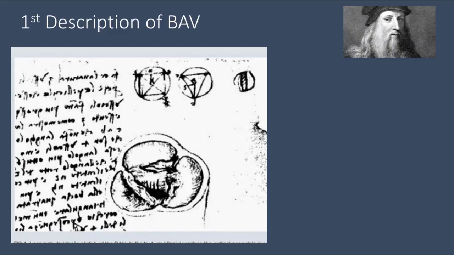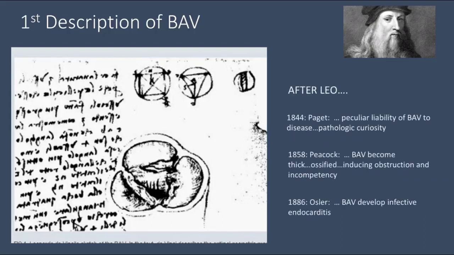And so it seems like we're just now beginning to really understand what Leonardo already kind of appreciated over 500 years ago. So there was this long lull after Da Vinci's first description of the bicuspid aortic valve. There wasn't much talk about BAV until about 300 years later, when in 1844, Paget described it as a peculiar liability to disease and a pathologic curiosity.